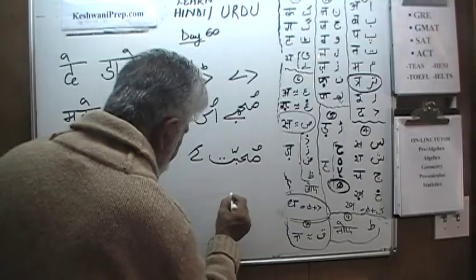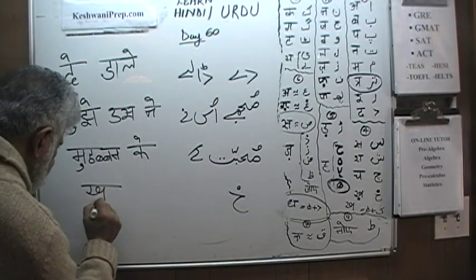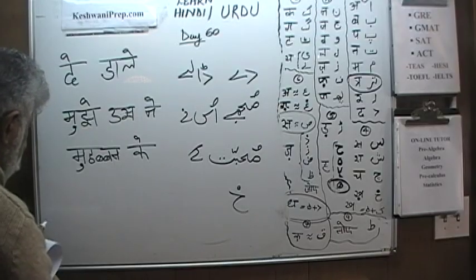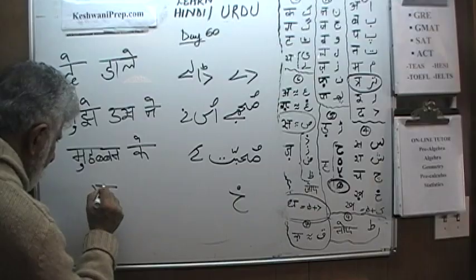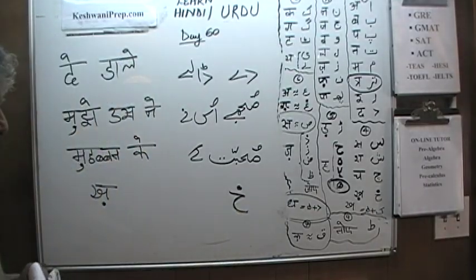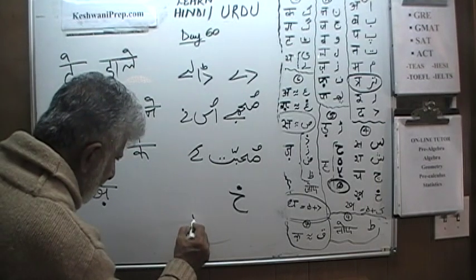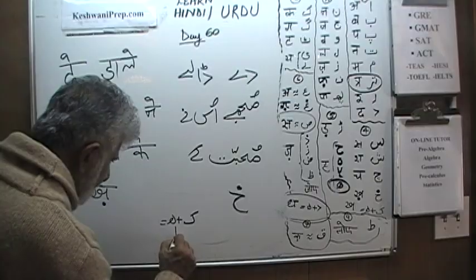And the next, last word starts with "kh." We have to put a dot underneath to remind ourselves that we're dealing with this "kh" and not the other "kh," which is a "k" plus "h." That's this "kh."